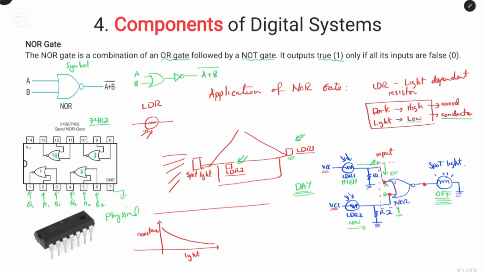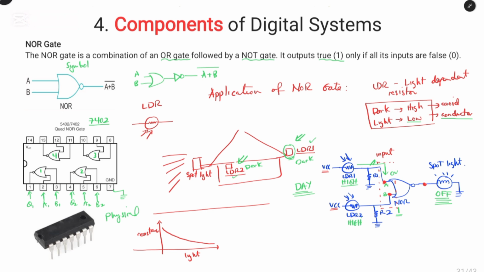So the spotlight will be on only when there is no light at LDR1 and the people in the house go to sleep. Now they can switch off all the lights. That means inside the house is dark and outside the house is also dark. In that case, we will have high resistance in LDR1 and also high resistance in LDR2.